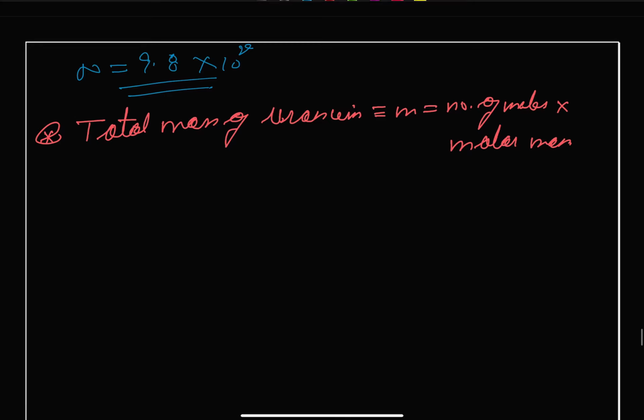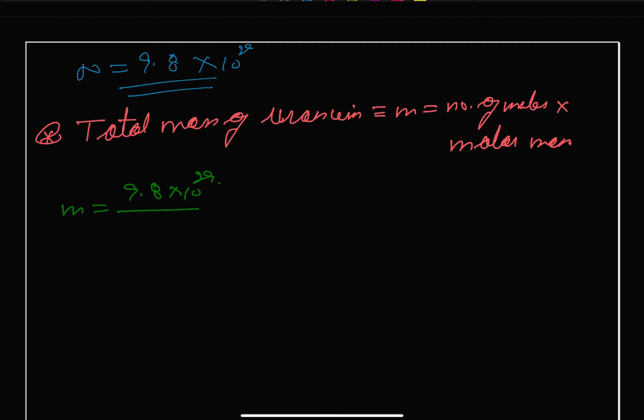So number of moles will be equal to the number that we found, 9.8 into 10 to the power 28, divided by Na, that is the number of atoms per mole.